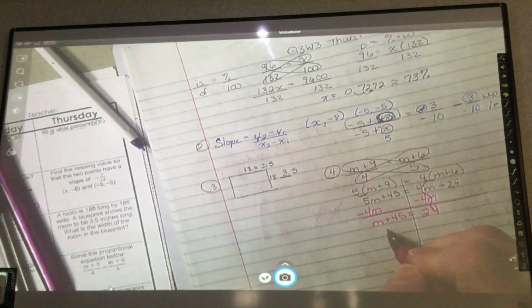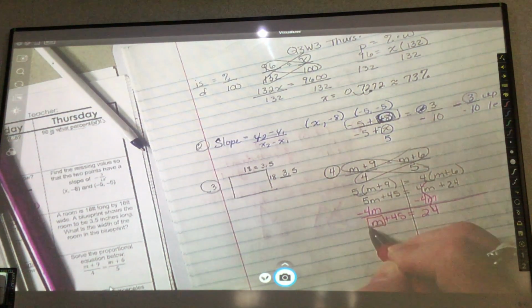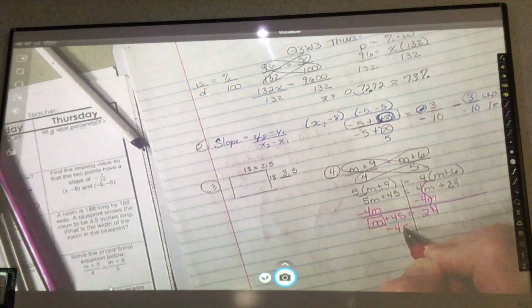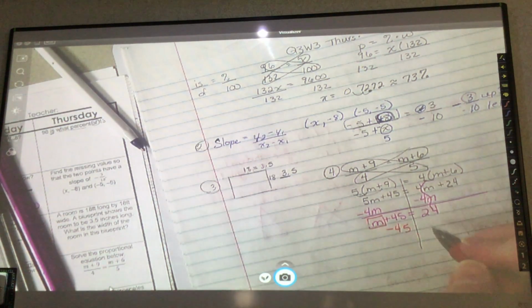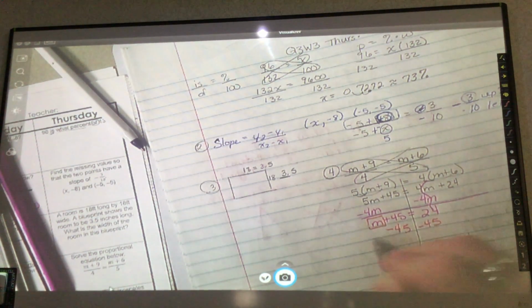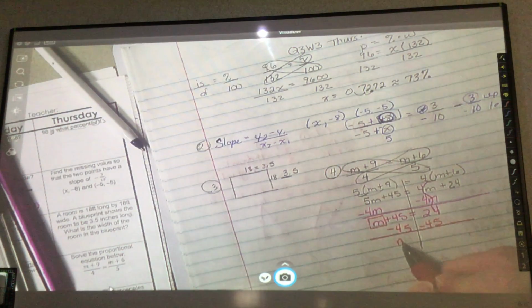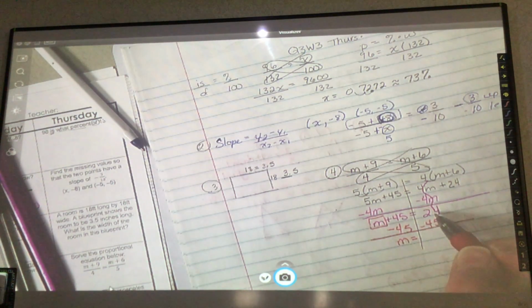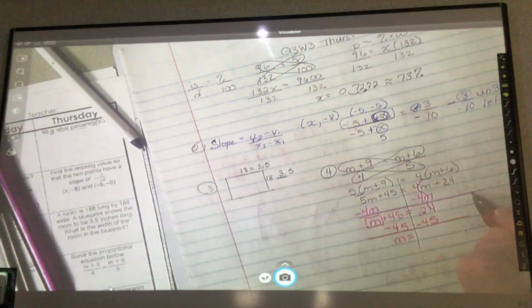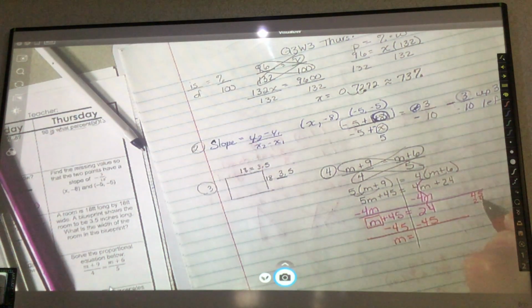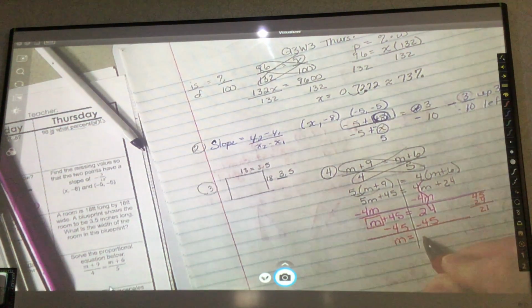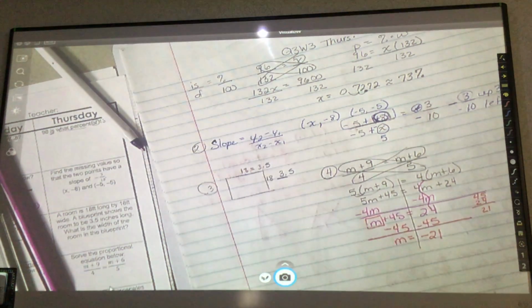Then I'm going to box up my m and subtract 45 from both sides. So then m equals, well, I have a negative 45 and a positive 24. I'm going to rewrite it up and down because it's subtracting. And I get a negative 21.